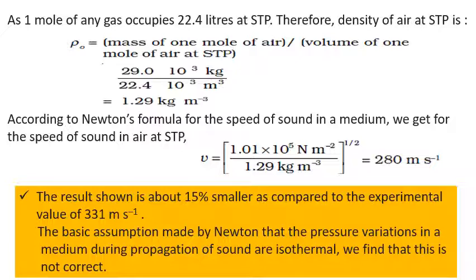But you know that the exact value is nearly 331 meter per second. So this value is 15% smaller. The basic assumption made by Newton, that the pressure variations in a medium during propagation of sound are isothermal, is not correct.